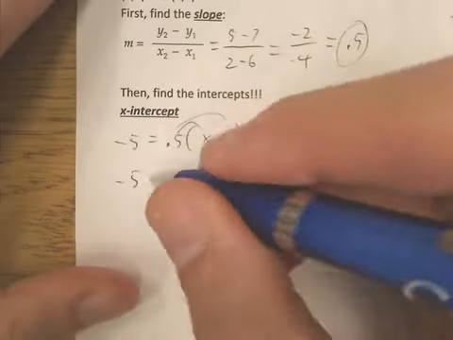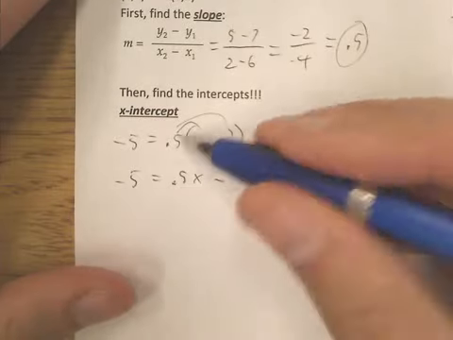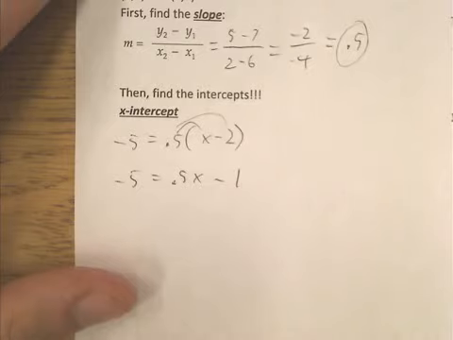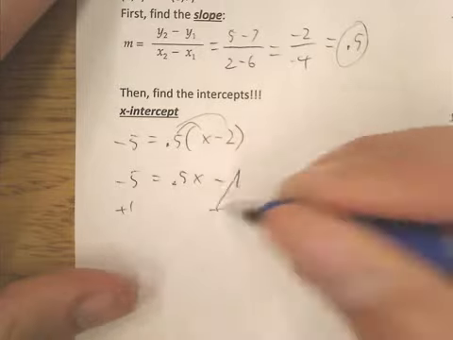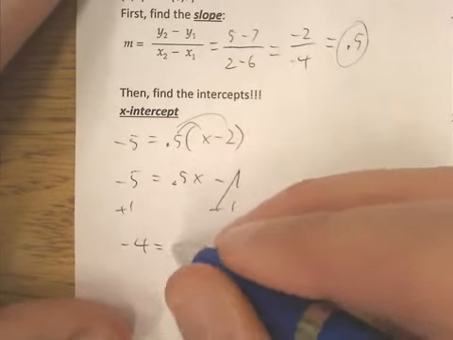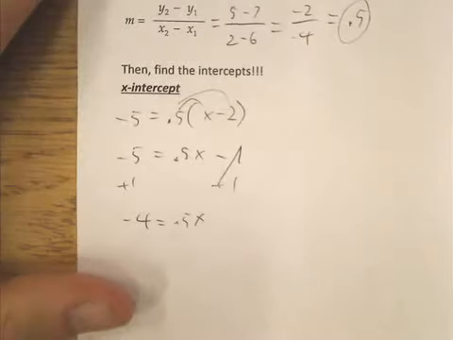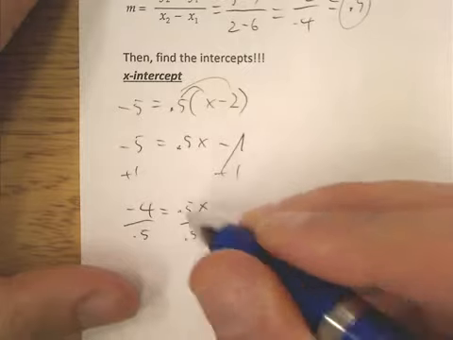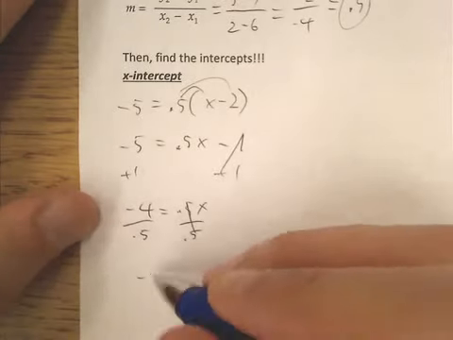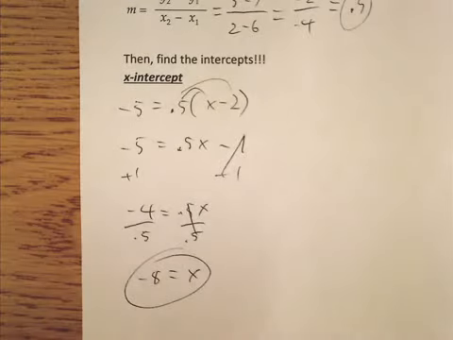Multiply: 0.5x minus 0.5 times 2 is 1. Next we'll add 1. So it'll be negative 4 equals 0.5x. And then divide by what's in front of the letter. Divide by 0.5. You get negative 8 equals x. So the x-intercept is negative 8.